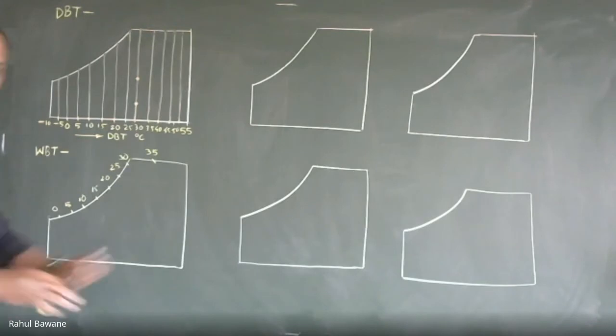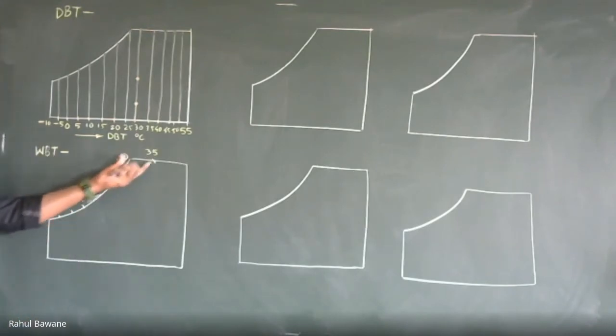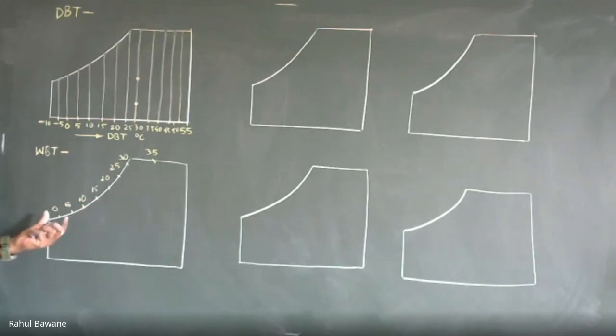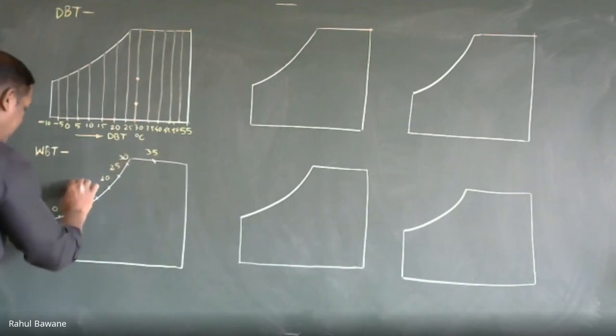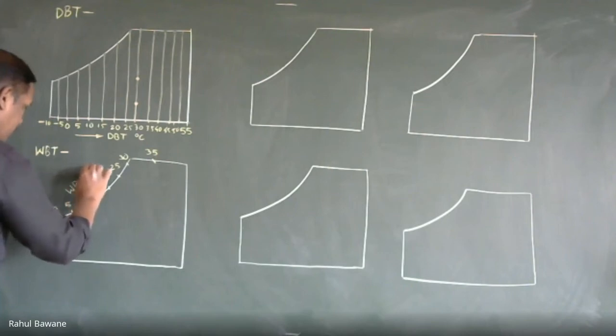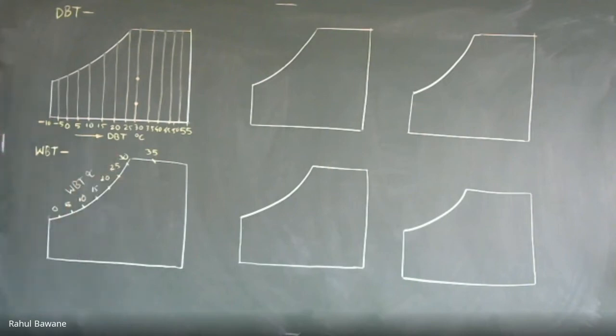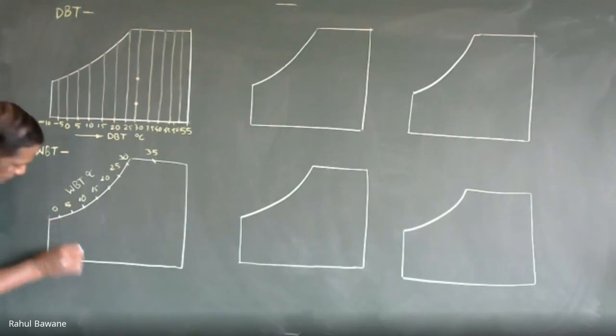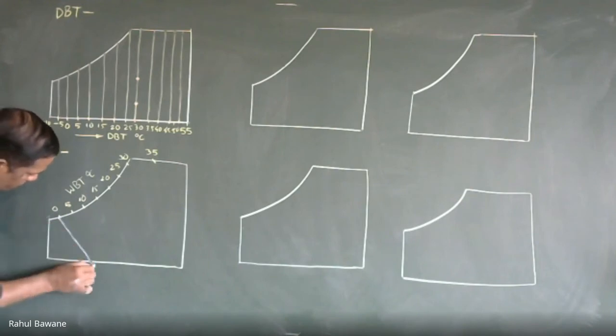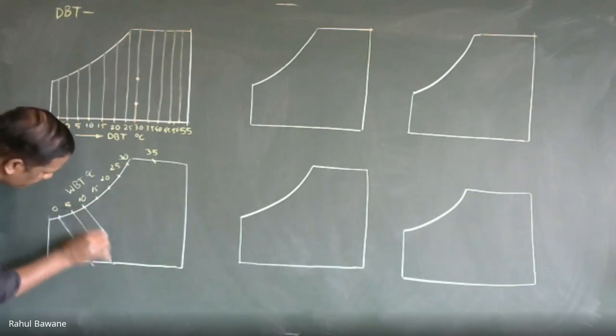Nobody is going to ask you to draw this psychrometric chart, but we must know how these scales are there and how those lines represent particular values, properties. So this scale is for wet bulb temperature in degrees centigrade. DBT lines are exactly vertical, but these wet bulb temperature lines are inclined, but parallel to each other.